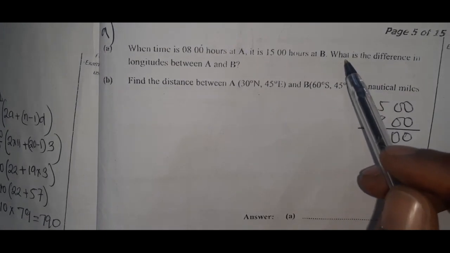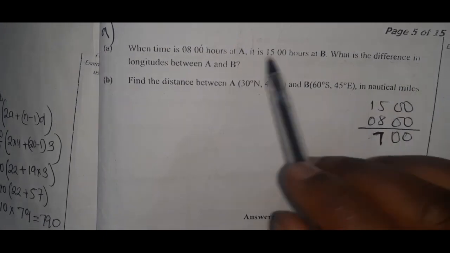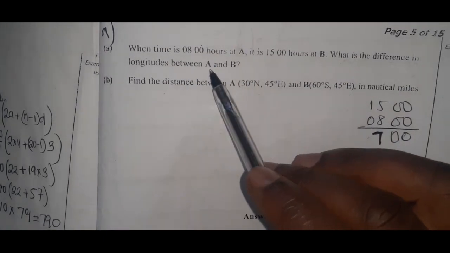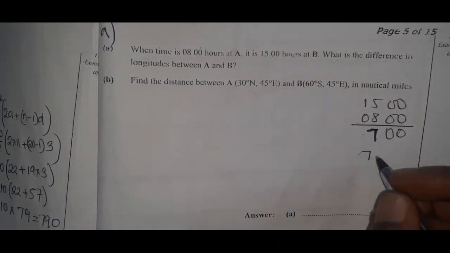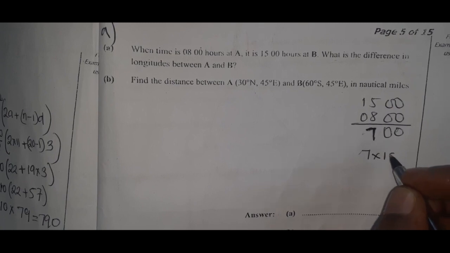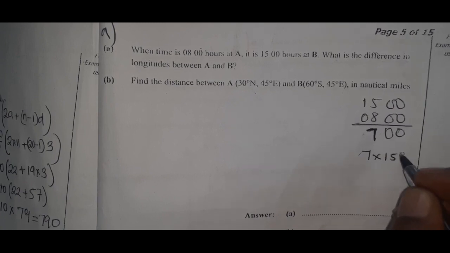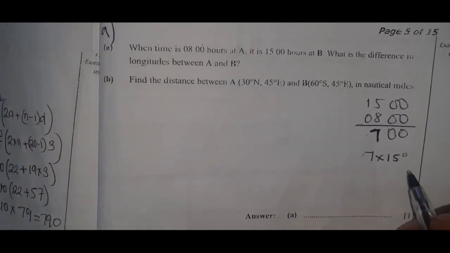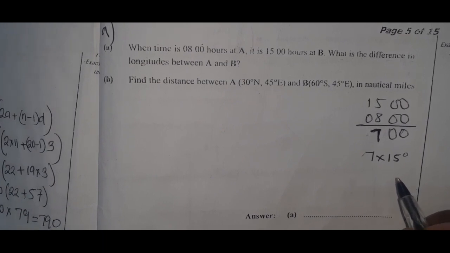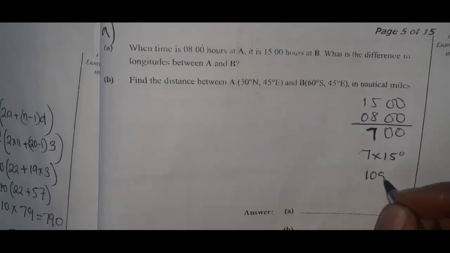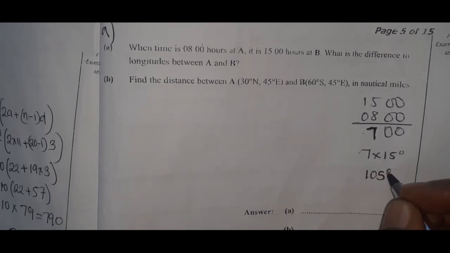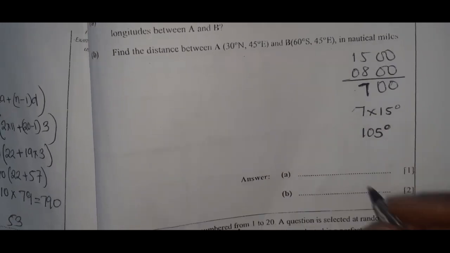But here we're told, what is the difference in longitude between these two places? So 1 hour is equals to 15 degrees. So we multiply 7 by 15. What do we get? 105, isn't it? Just confirm. So this is going to give us 105 degrees.